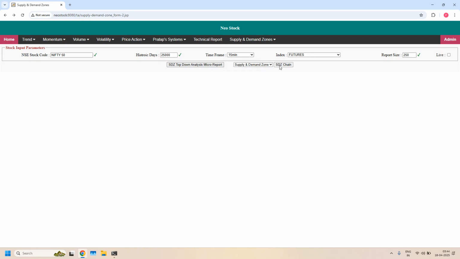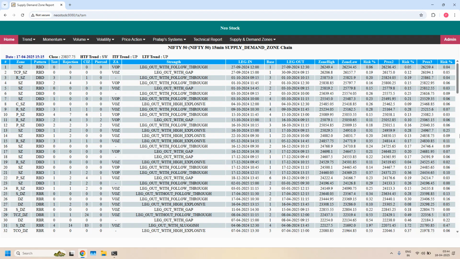15 minutes supply demand zone chain for NIFTY. Serial number 25 is the nearest demand zone to the current closing price. Serial number 24 is the nearest supply zone.